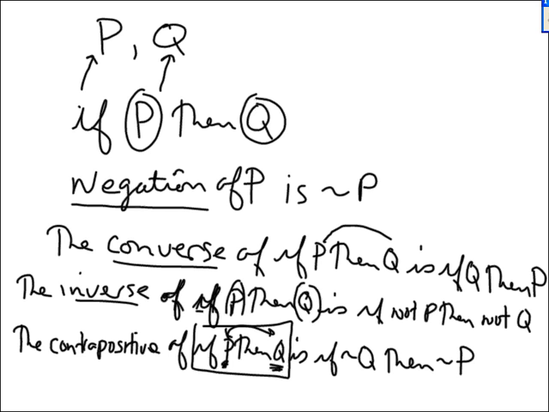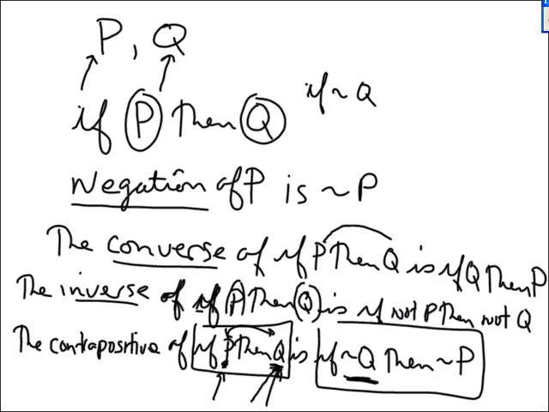So if Q is not true, if we have not Q, well then P can't be true. Because if P is true, it must follow that Q is true. So this statement is actually correct. If Q is not true, there are two options temporarily.